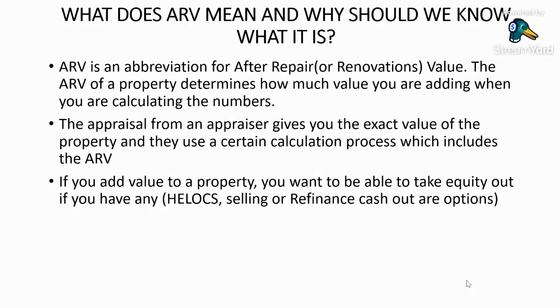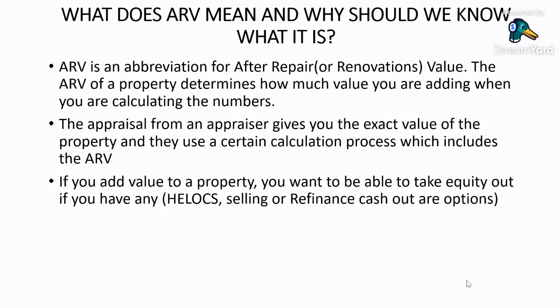The appraisal from an appraiser gives you the exact value of the property, and they use a certain calculation process which includes the ARV. So for all these calculations, you'll have to have the ARV available to determine if it's a good deal, if the goal is to sell and profit, or if the goal is to get ahead and take the equity out.